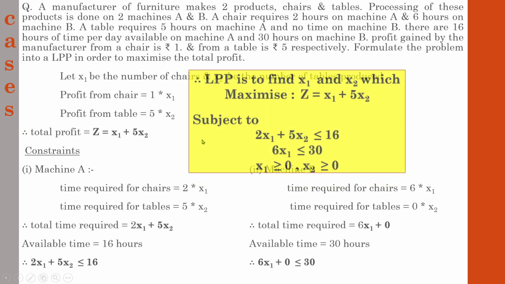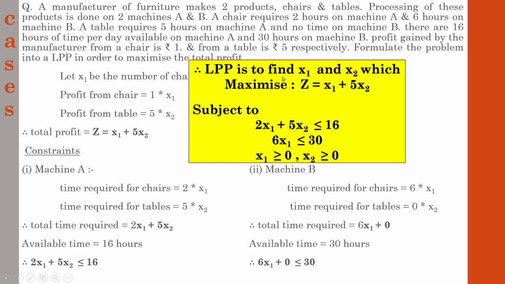So the final answer is: the LPP is to find x1 and x2 so that we get maximum profit. So Z is x1 plus 5x2, subject to, because in order to achieve this objective function they have to face various constraints.